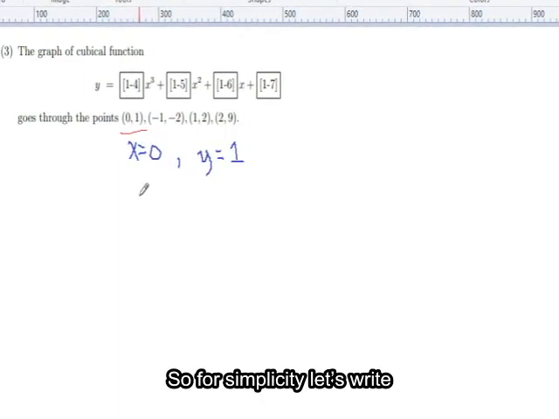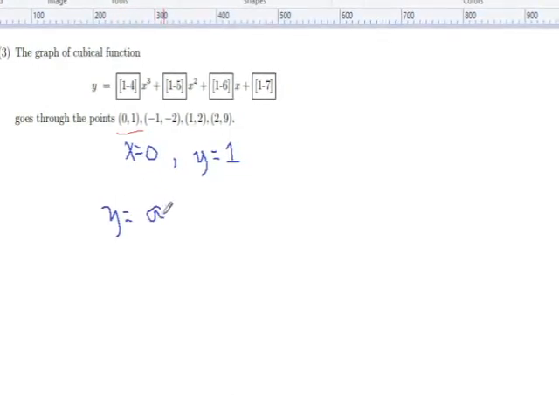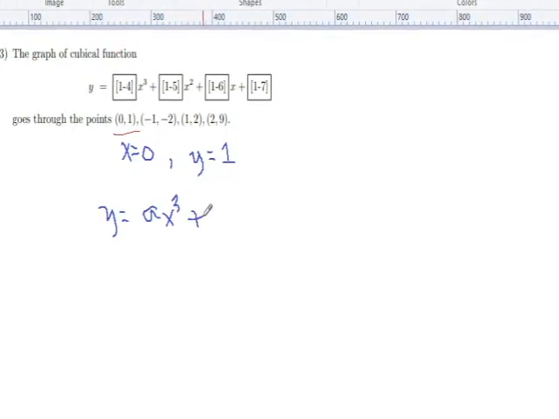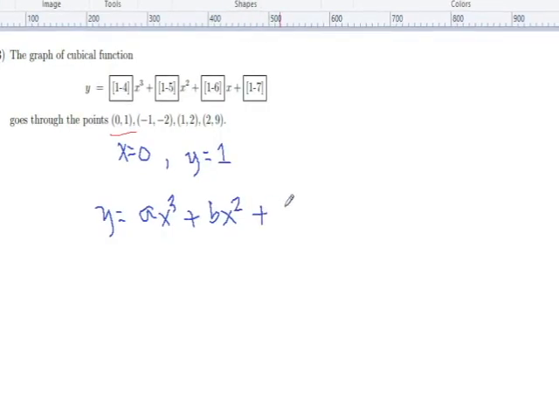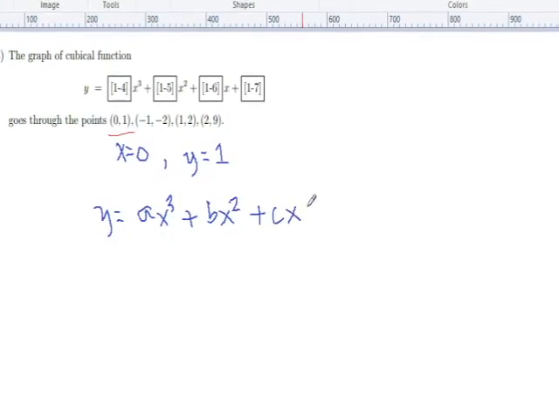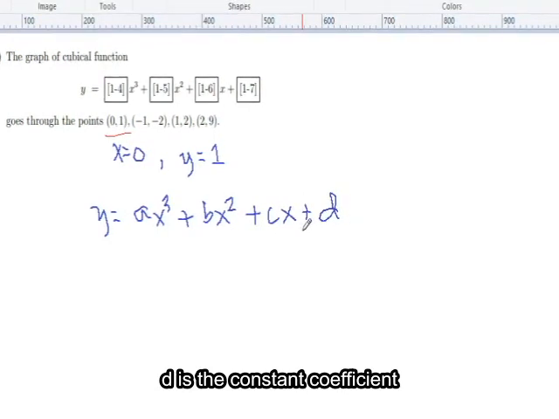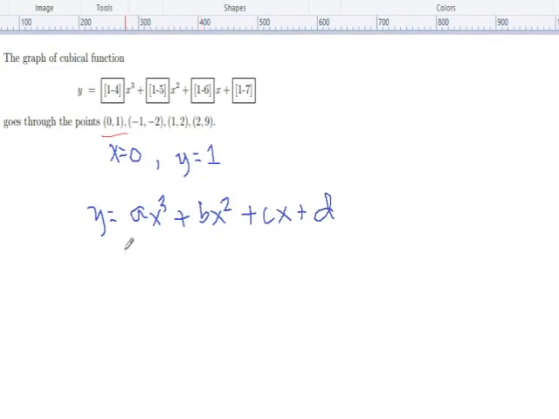So for simplicity, let's write y equals ax cubed plus bx squared plus cx plus d, where a, b, c, d are the constant coefficients. Okay, so when x equals 0, y equals 1.